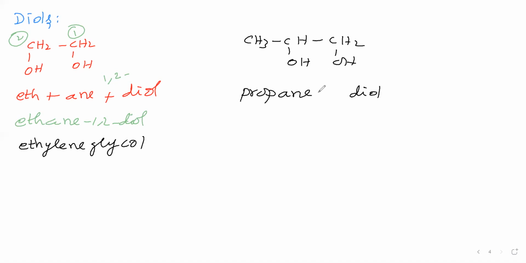This OH group is present at the first carbon, this OH group at the second carbon. Next, the common name: take the corresponding alkene, which is propylene. 2 OH groups attached to neighboring carbons, therefore glycol. So propylene glycol.